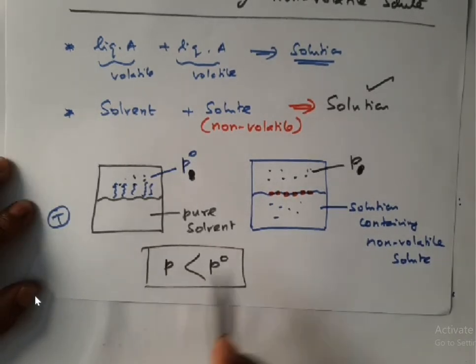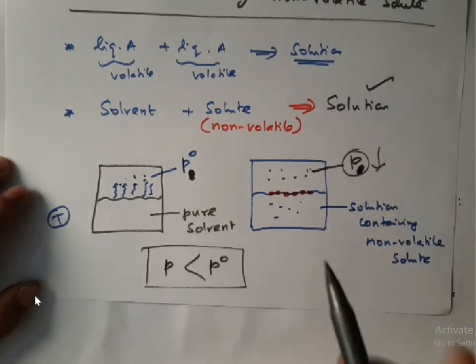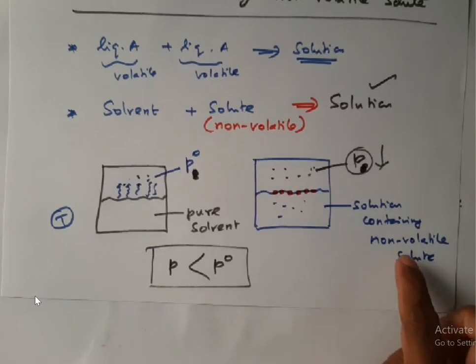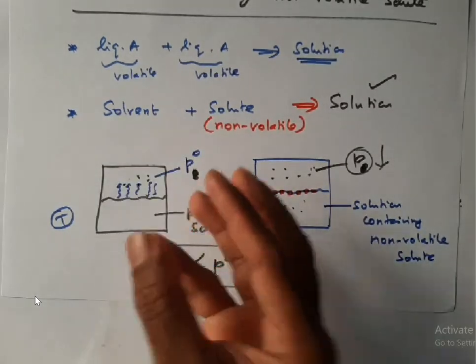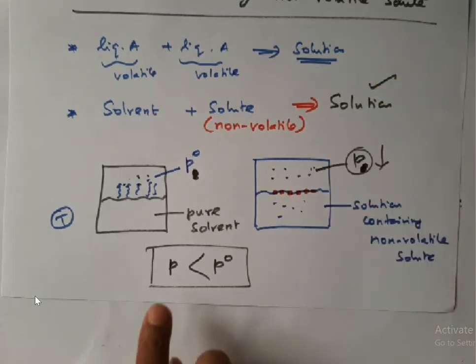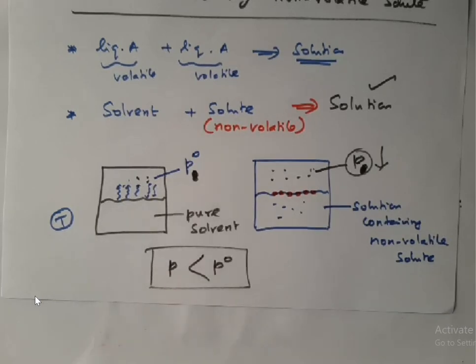Whenever you add a non-volatile solute to a pure solvent and form a solution, the vapor pressure of the solution will decrease. So vapor pressure of solution is lesser than the vapor pressure of pure solvent.